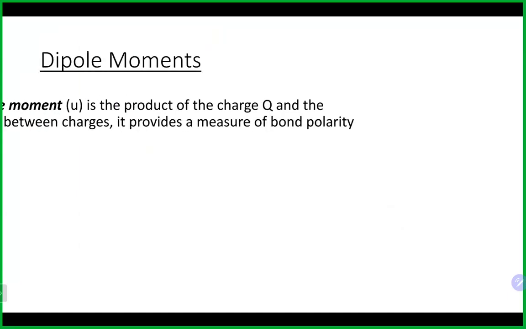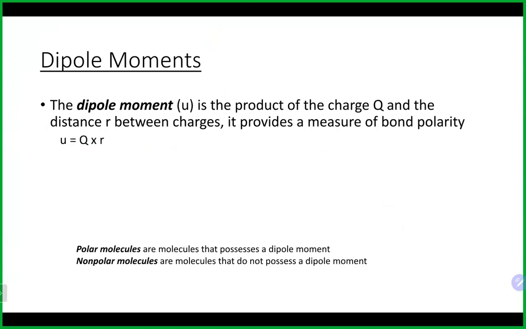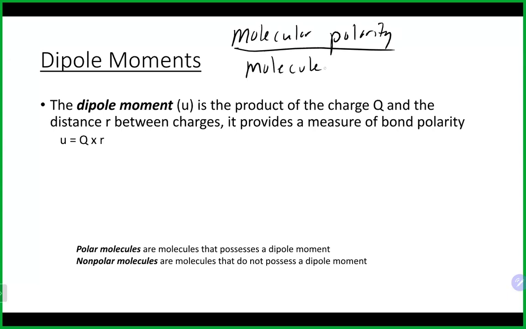The last thing we're going to talk about in this particular chapter is molecular polarity. And molecular polarity is whether or not the molecule as a whole is polar or nonpolar.